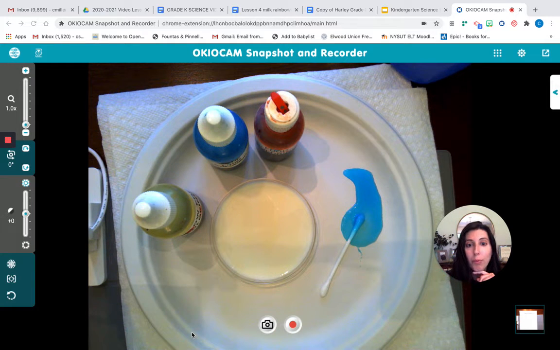Now, before we conduct this experiment, let's talk safety. So, we're using milk in this experiment. So, do you think after I'm done with my experiment, I should drink it? No? You don't think so? You're absolutely right. In science, it's not safe for us to eat or drink.